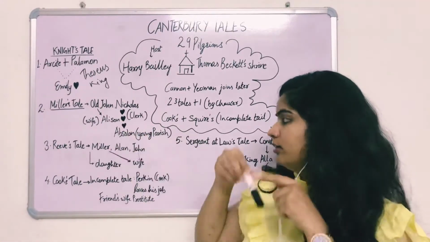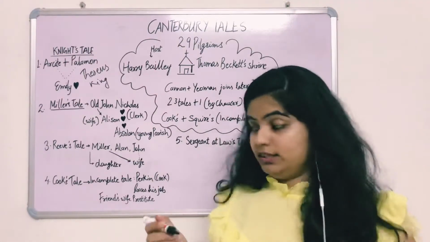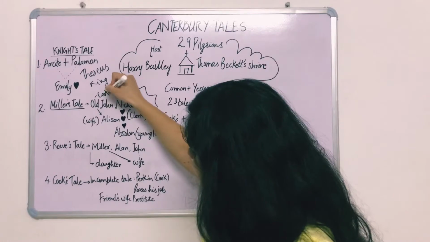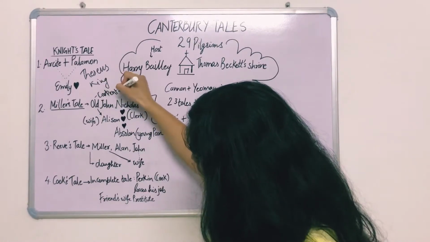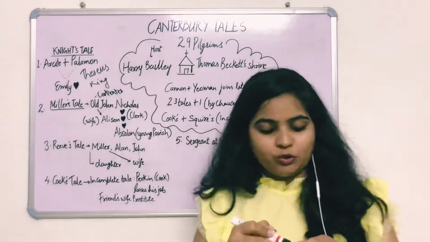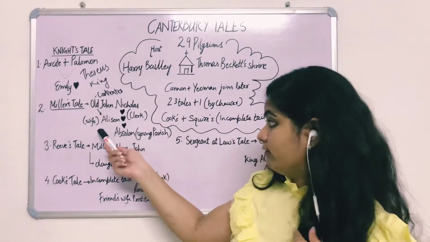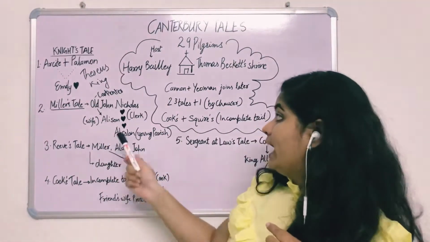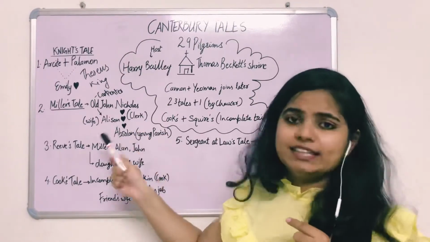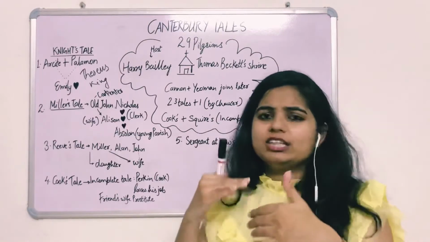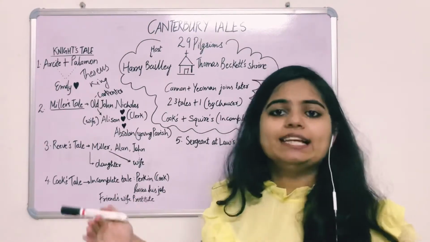So old John, I should write it here. Old John is a carpenter, right? Old John has a wife called Ellison. And Nicholas loves Ellison, not in a platonic way, but in another way. He just wants to get intimate with Ellison, right?